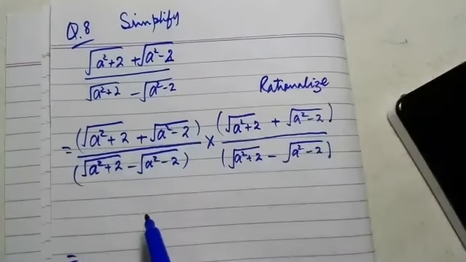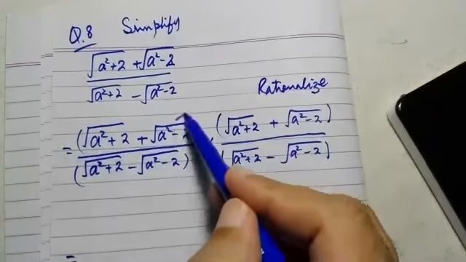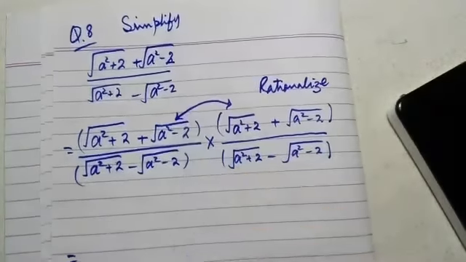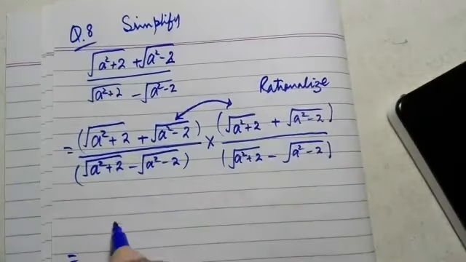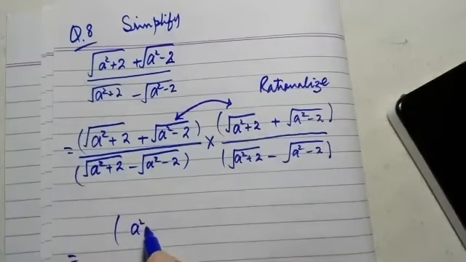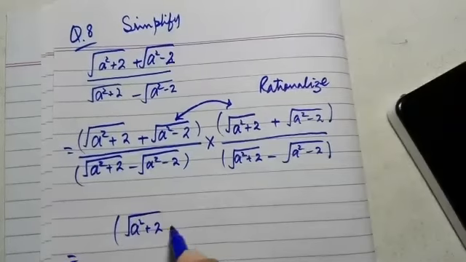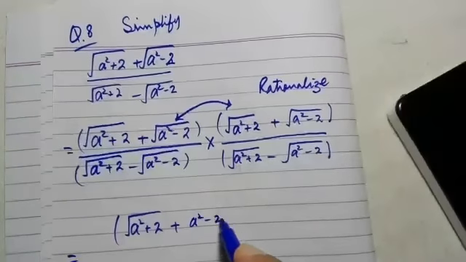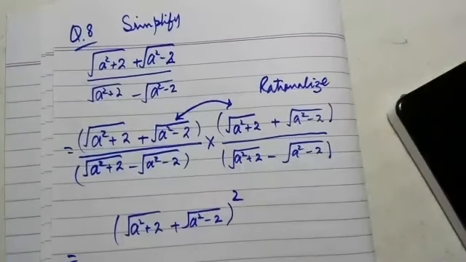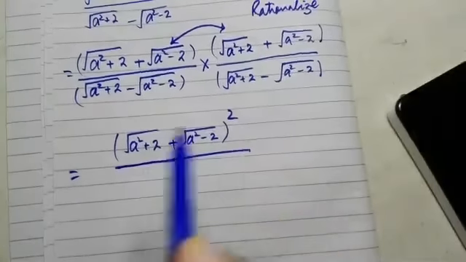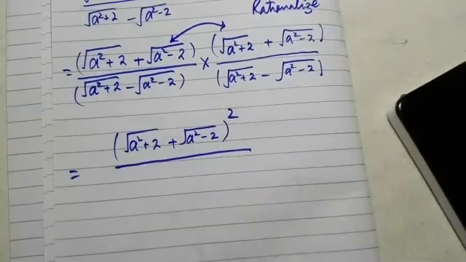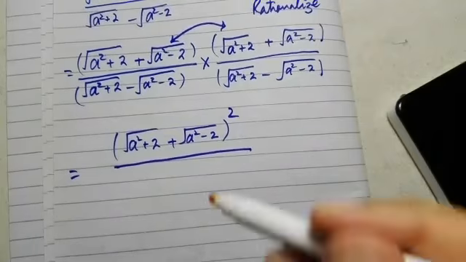In the numerator you will see the terms are identical. If the terms are identical, then when these terms are multiplied, they will become the whole square. But in the denominator, you will see that the terms are different.